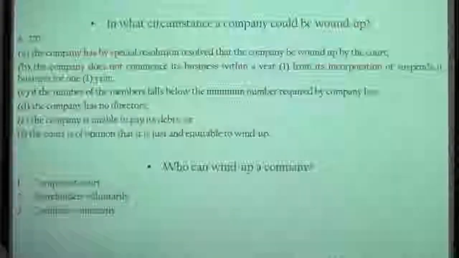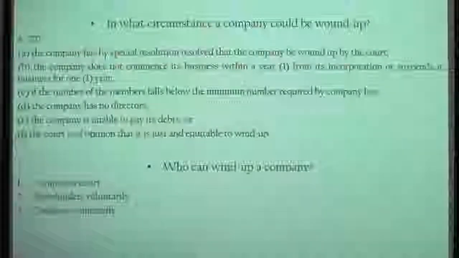When winding up by court, the court follows the particular procedure of winding up completely. But in a voluntary winding up under supervision, it only supervises whether the voluntary winding up of the shareholders or creditors is smoothly taking place.